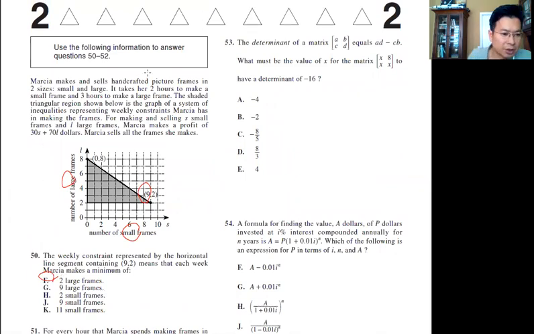Hold on a second, let me just read this one. I got confused. Marcia exercised 2 hours to make this, 3 hours to make large shaded triangle graphs.